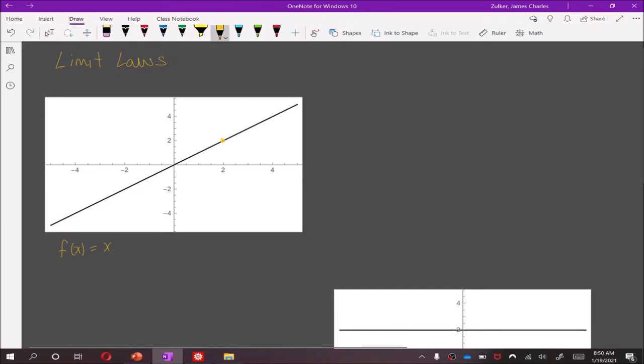Well, it appears to be approaching 2. Now, if we want to do 4, what value does that appear to be approaching? Oh, it's approaching 4. So it is easy to see then that the limit as x approaches a of just x will be a.